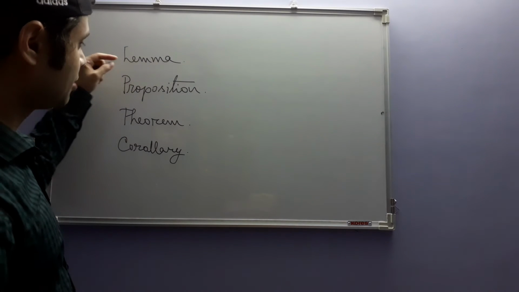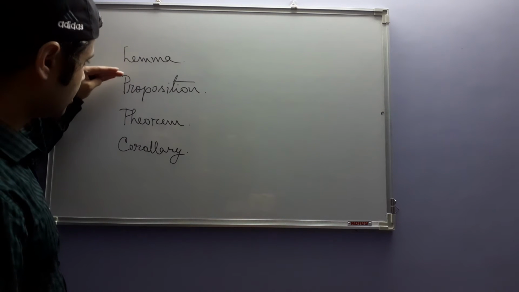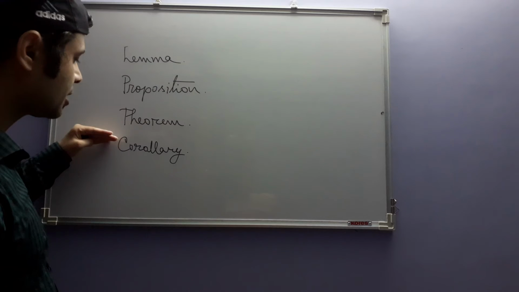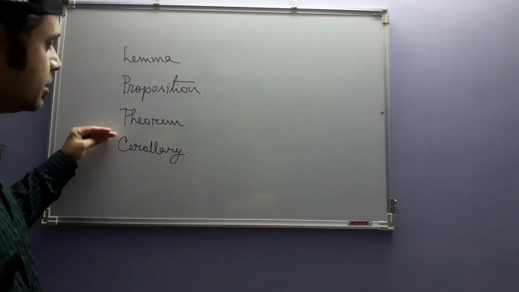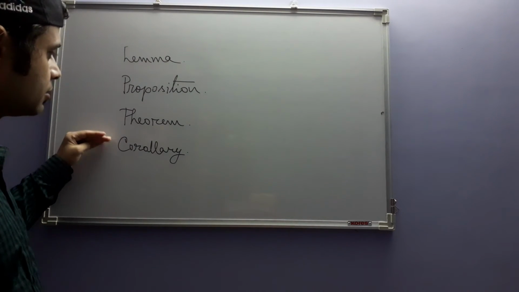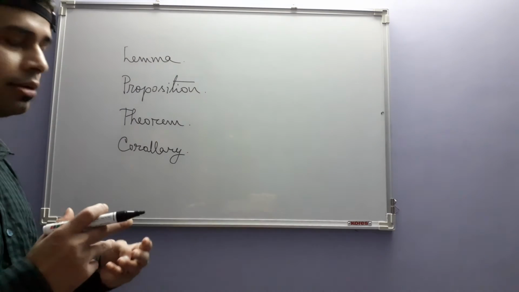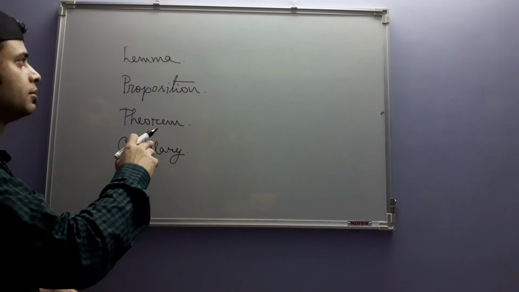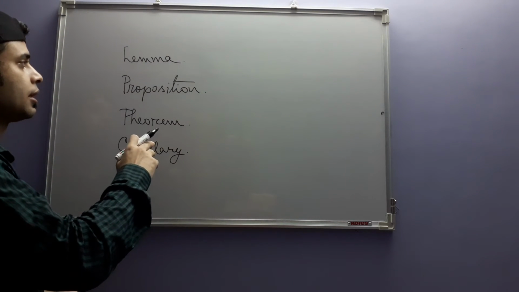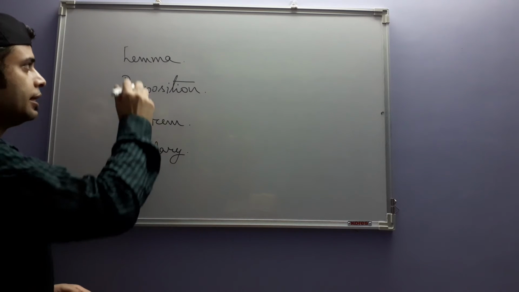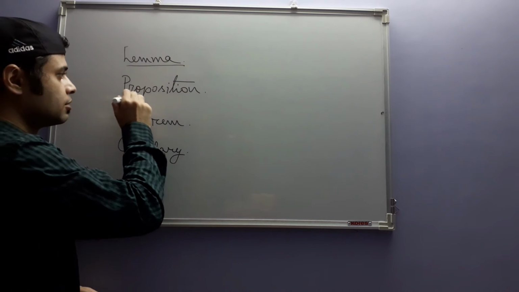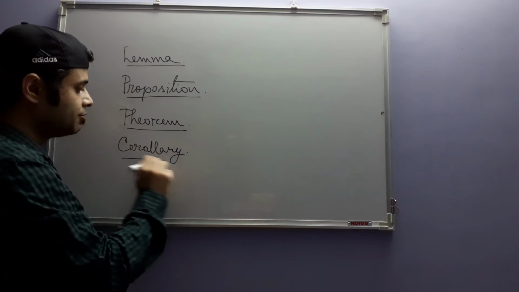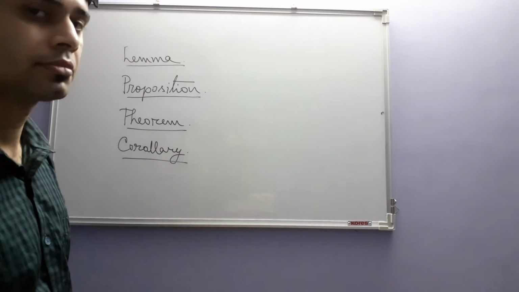Now, the use of different types of names suggests that there is something happening. It represents how important a given result is.